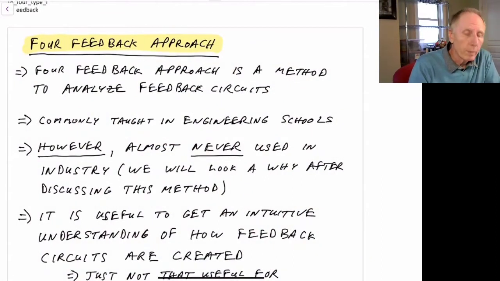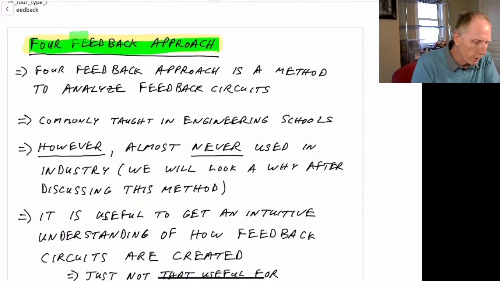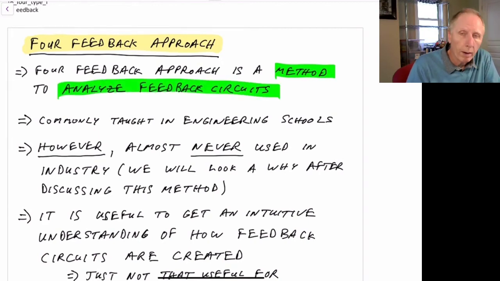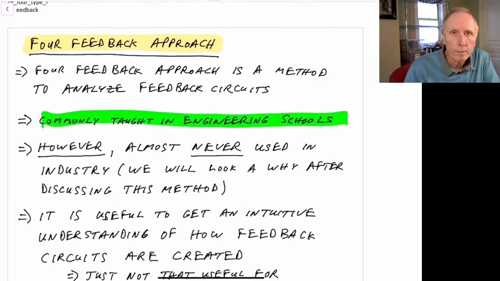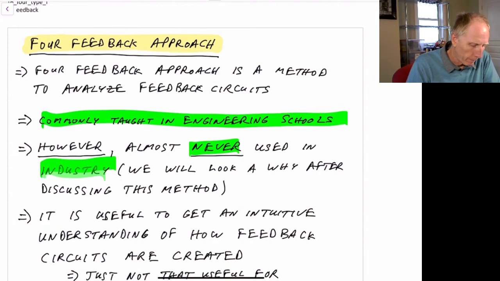So as I mentioned, we're going to be going over what I call the 4 feedback approach. This is a method to analyze feedback circuits. Now, it's commonly taught in engineering schools, but what you'll find is it's almost never used in industry.